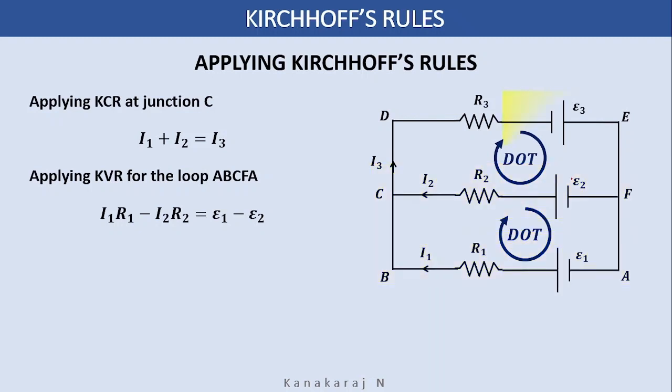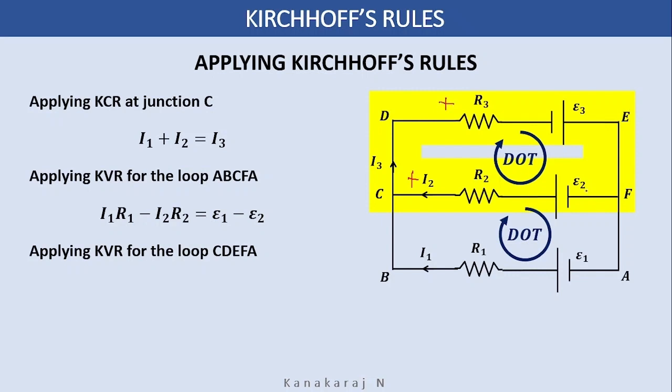Similarly, let us work out the next loop, CDEFC. Here I2R2 is positive because I2 is in the direction of traversal, whereas I3R3 is again positive because I3 is in the direction of traversal.